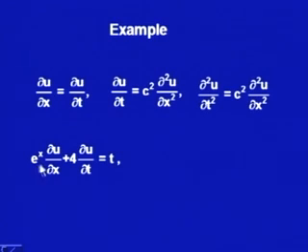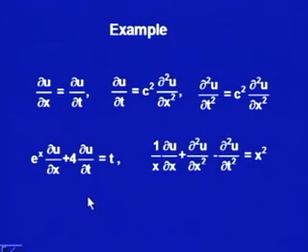It is not a function of u. Similarly, the coefficient of the other term is 4, and on the right hand side it is t, which is not u. So, the unknown function and its derivatives are occurring linearly. So, this is also linear.